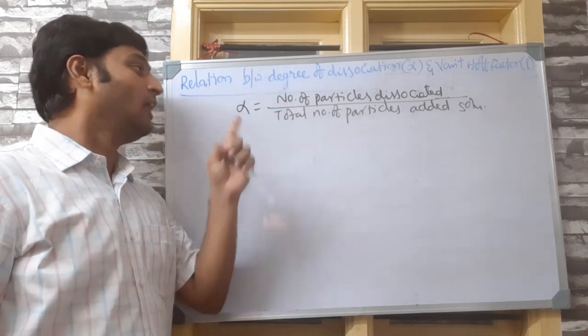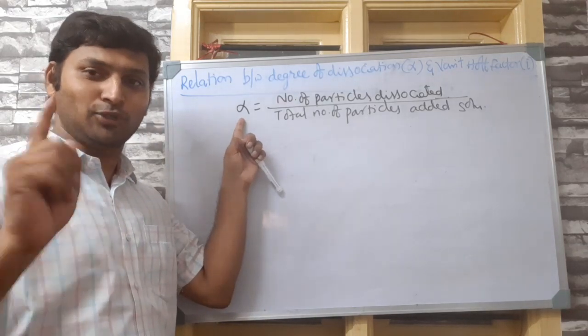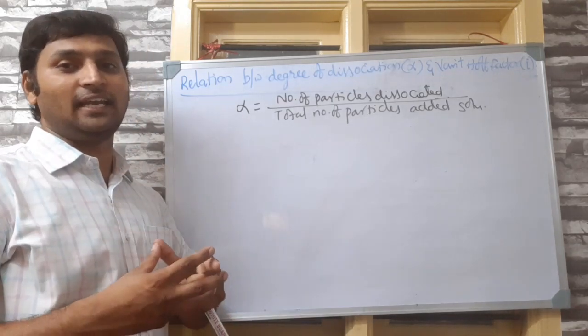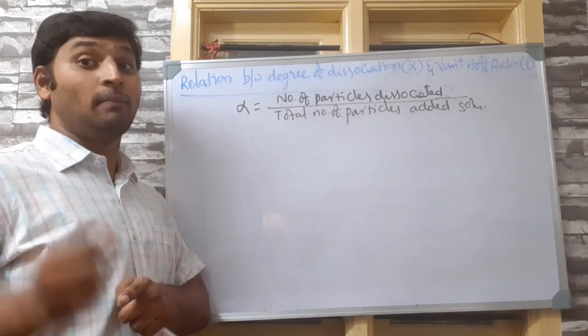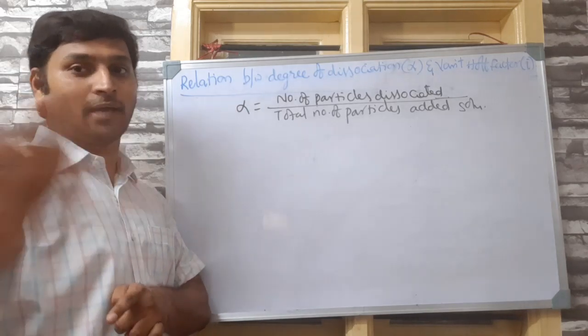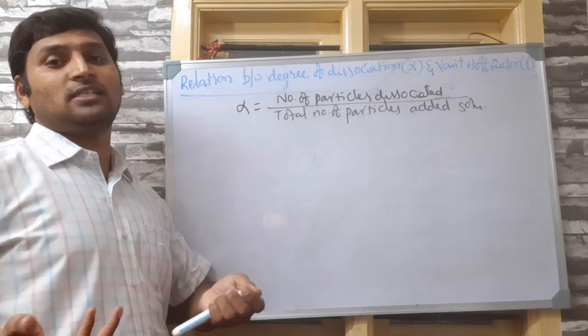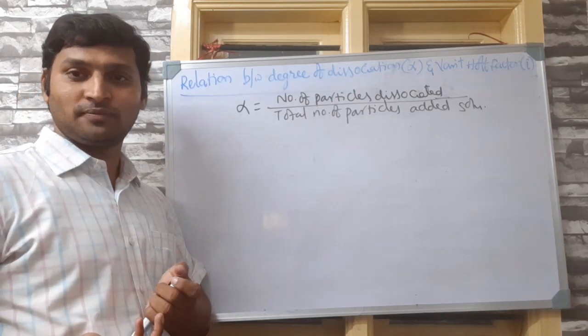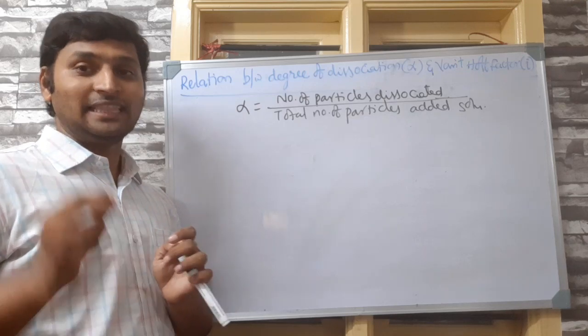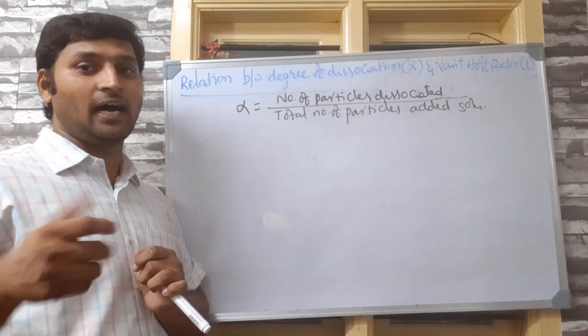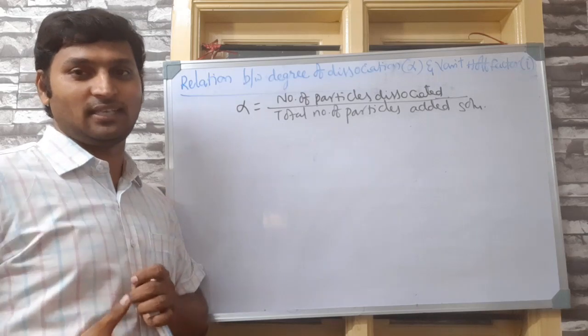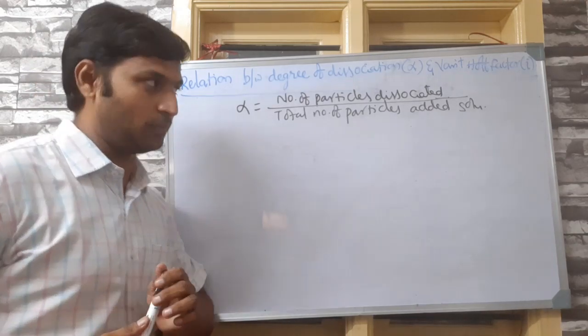And you know very well, for all strong electrolytes, alpha is supposed to be 1. But because of interionic interactions, it is coming slightly less than 1, but very close to 1, 0.8 and above generally. Whereas for weak electrolytes, it might start from 0.01 also, who knows. So a huge difference will be there. That fundamental idea makes answering our entrance questions very easy in this case. You will understand as we proceed.